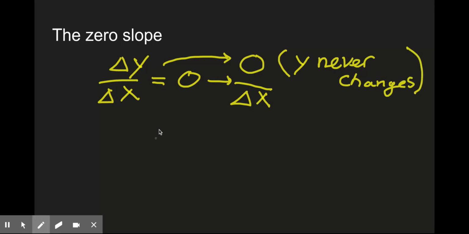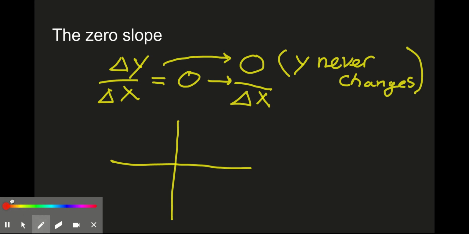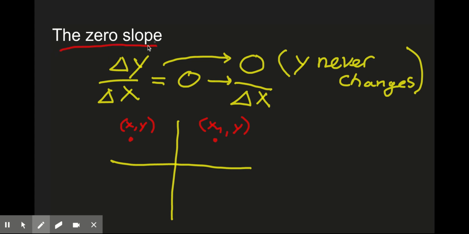So let's think about what that will look like on a coordinate plane. What it means is that you have some point, some (x, y), and some other point with a different x value, but the exact same y value. So the zero slope is always going to be a horizontal line.